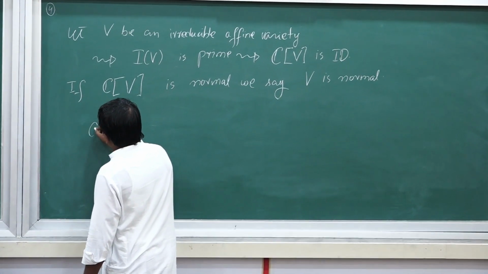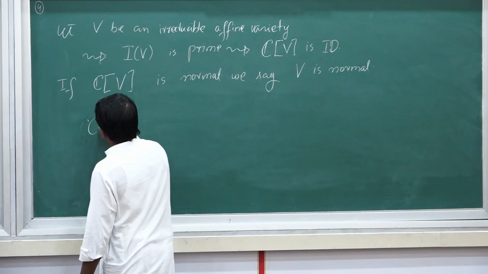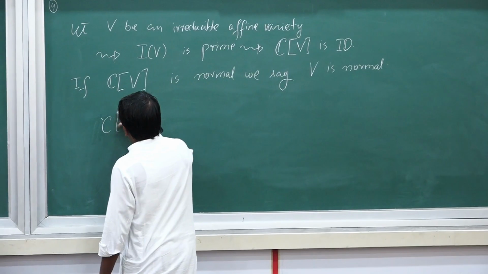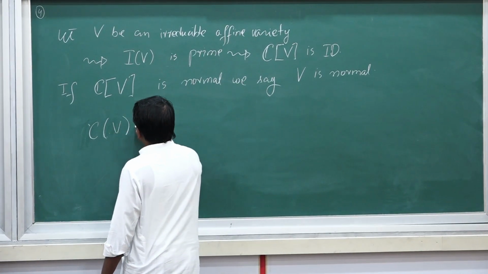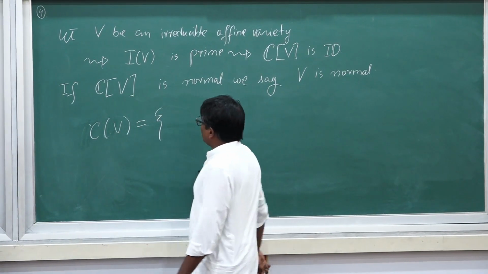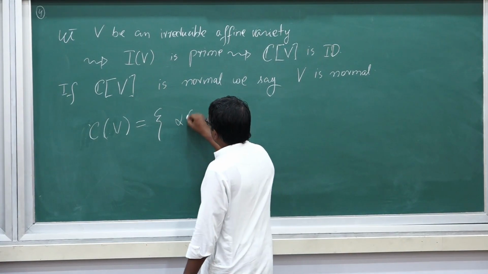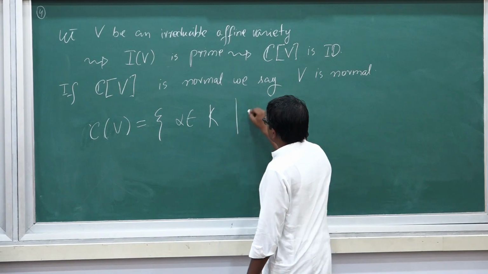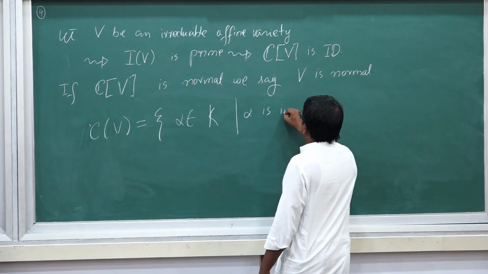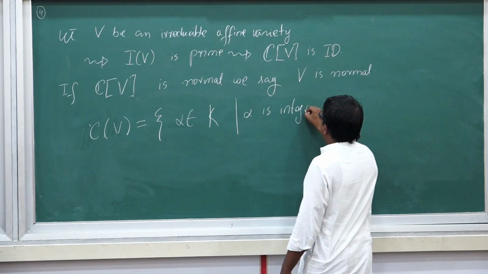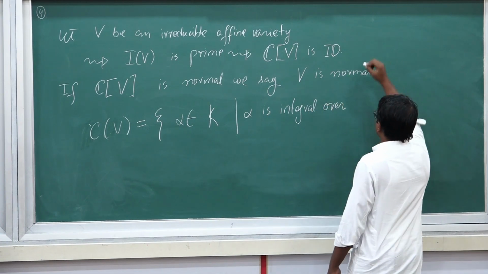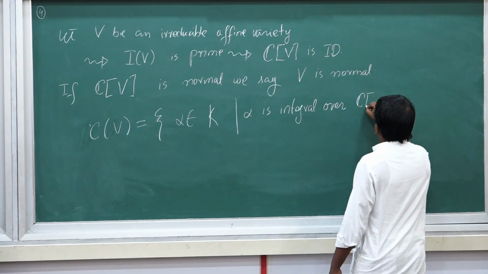You simply define something called the normal completion, let's say C̃[V], and that is you take all alpha belonging to the field of fractions such that alpha is integral over C[V].